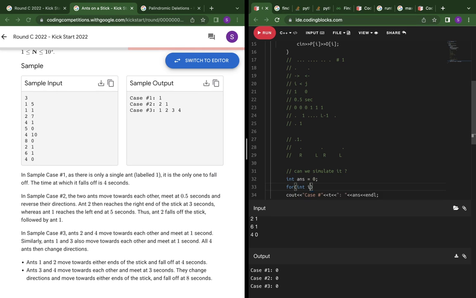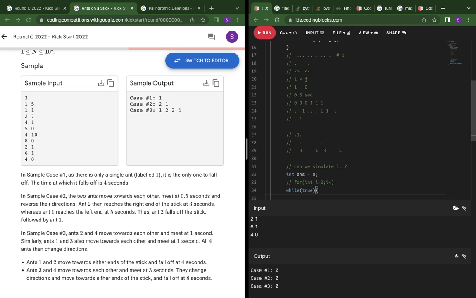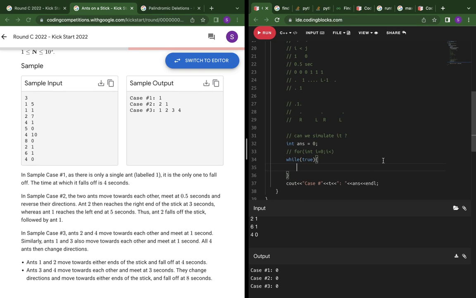And to do that, what I'm gonna do is while true, right? And now I'm gonna increase the time by 0.5 seconds. So let's say time is 0 currently. Or let's consider this double.